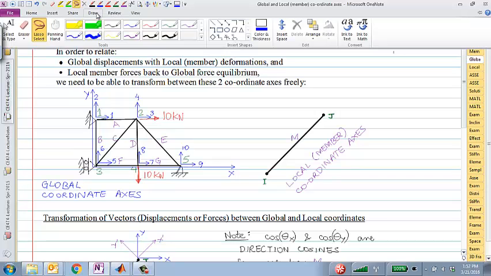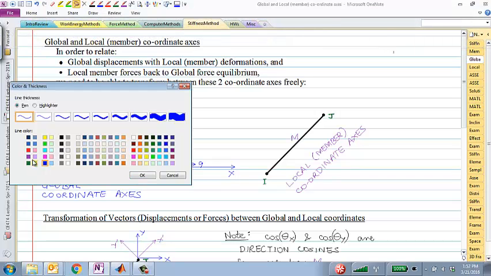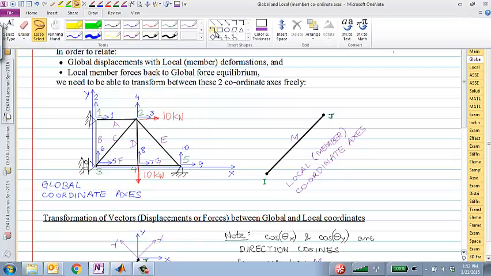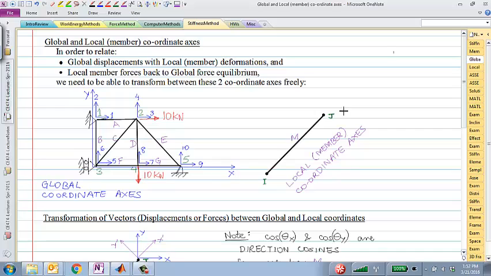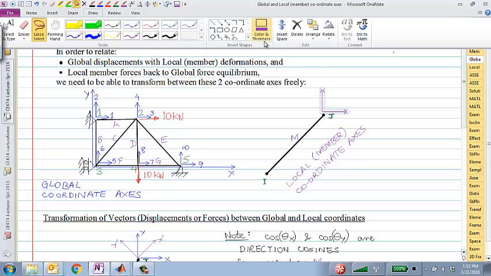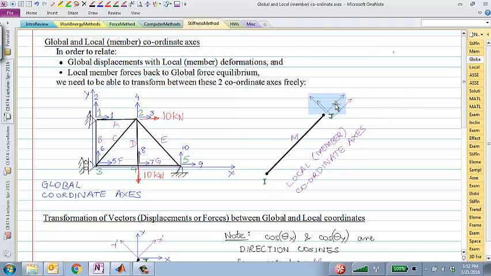The other coordinate system that we are going to use is the local coordinate system, and it will take me a little bit extra to draw this. So what we'll do is, for example, we'll go to node J. We'll draw the global coordinate system, and then I'm going to rotate it to match it with the local coordinate system. The local coordinate system is always oriented along the member.